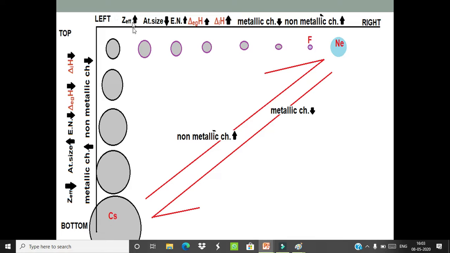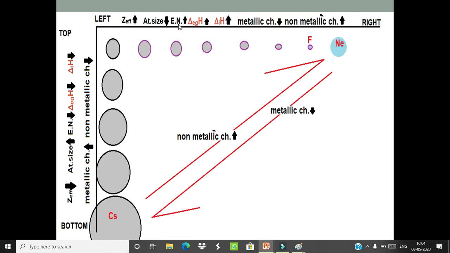The first periodic trend that we already learned about is Z effective, then atomic size, then electronegativity, electron gain enthalpy, ionization enthalpy, metallic character, and non-metallic character. So what is the basic trend? If you move from left to right, Z effective increases, so the atomic size decreases.